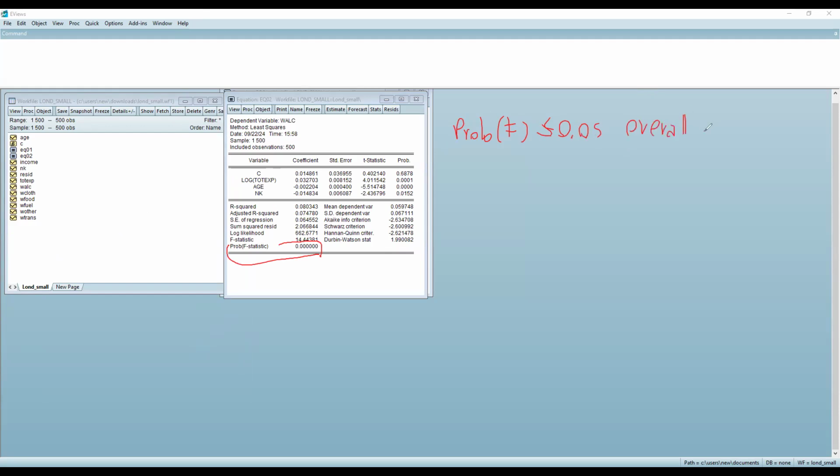Overall, okay. Then R square equals 0.08, even worse than the previous model, right? It means the model explains only 8% of the data. Not so good, very bad. But overall, it's okay.